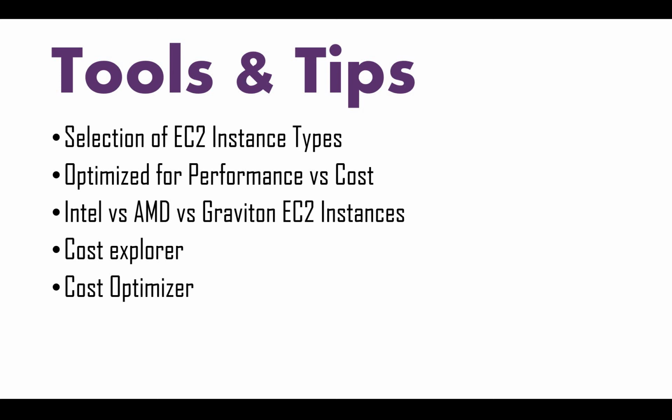And also how you can optimize your EC2 instance type with respect to cost, CPUs and memories. There are Intel based, AMD based, Graviton instance types, and why you can select one, why you cannot select others. It depends, we can talk about all those things.